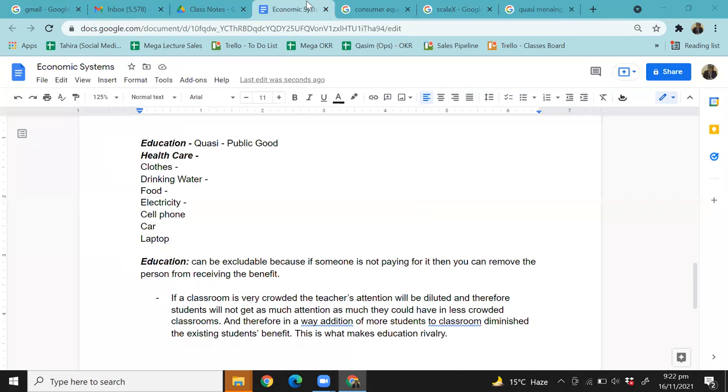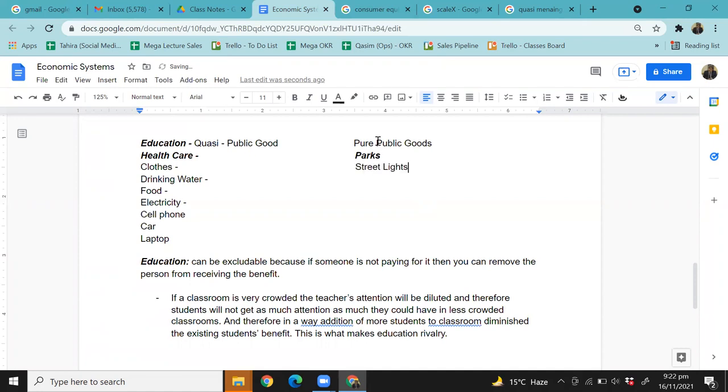So there's a pure public good, right? Pure public goods are only four. Students, are you following this? Pure public goods are parks, street lights, defense, and roads.